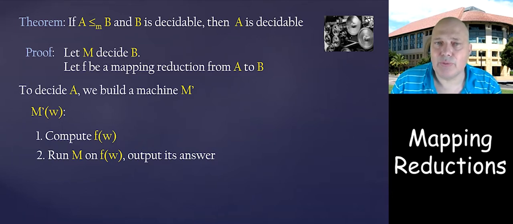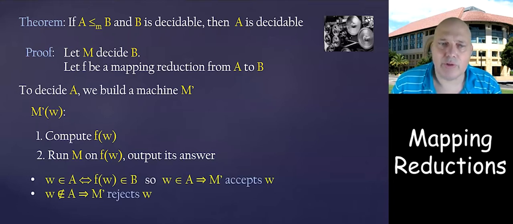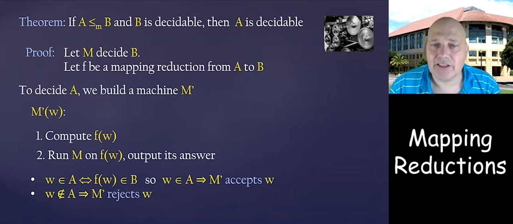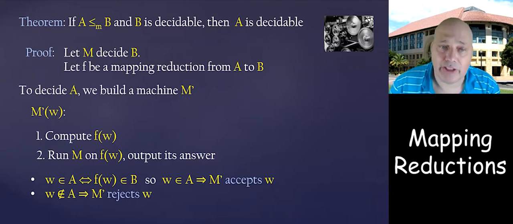So F of W reduces the problem to B, and in B we know how to solve it using M. So W is in A if and only if F of W is in B, meaning that if W is in A, then F of W is in B, and therefore M prime accepts W. If W is not in A, it means that F of W is not in B, meaning that M prime is going to reject W.